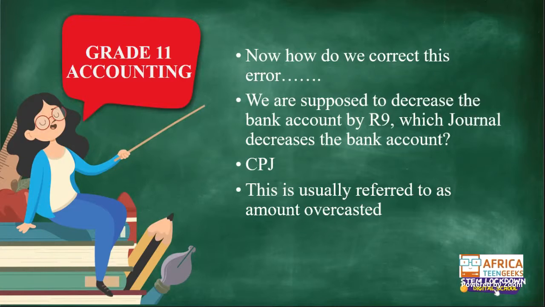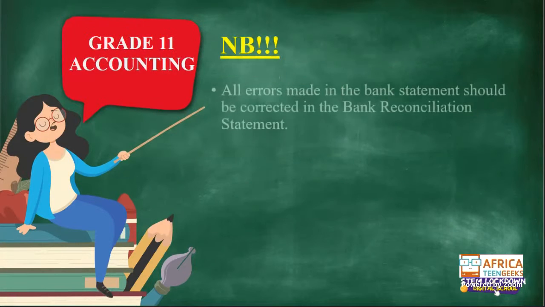That's what undercast means. But overcast means that we've deposited more than what we should have deposited, or we have withdrawn more than what we should have withdrawn, right?